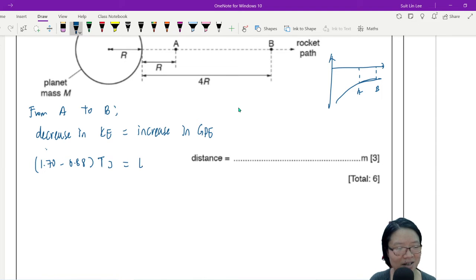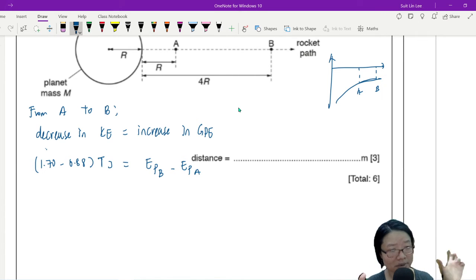So I will take the potential energy. Where is it higher? B, right? At B minus the potential energy at A. I just want the numbers, the magnitude, so I'll take the larger number minus the smaller number.